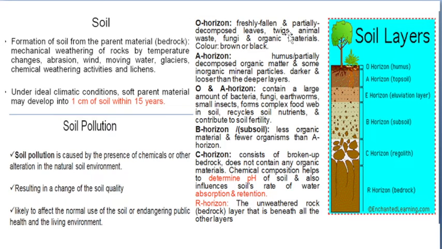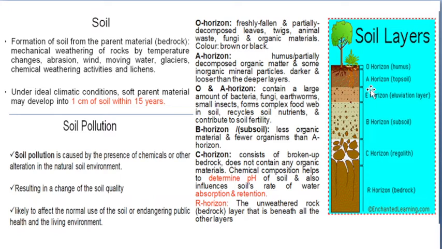When the soil is mature, we will find different layers in it. When soil is initially formed up to 1 centimeter, we will not get any soil profile or soil layers. But when the soil is of a matured type, after a few years, then we get these layers.